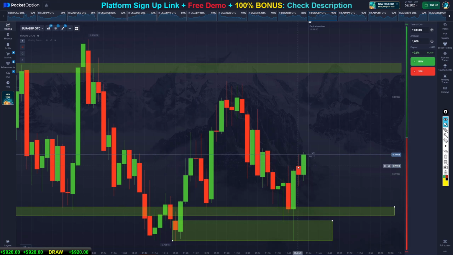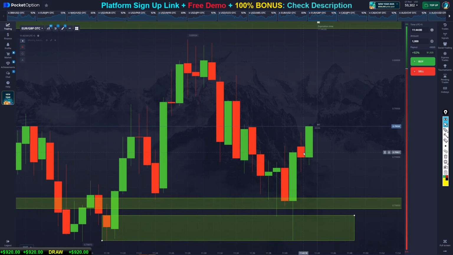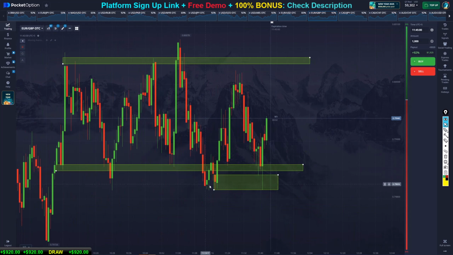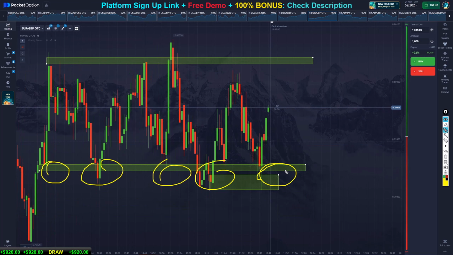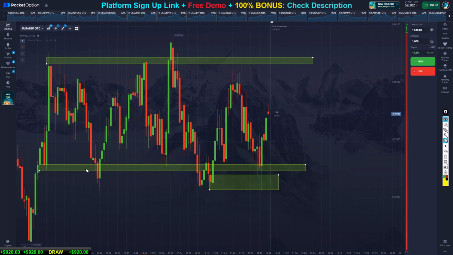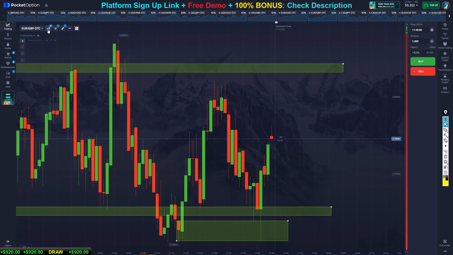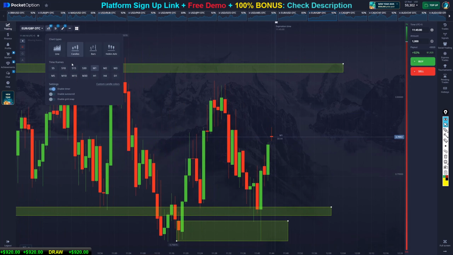It could also be a losing trade. In this case, if we were taking this trade, we would win, but it could be a losing trade because we don't know how strong this demand area is. So this demand area is lined up with the ranging market's support area. Okay, so it will give us good entries.